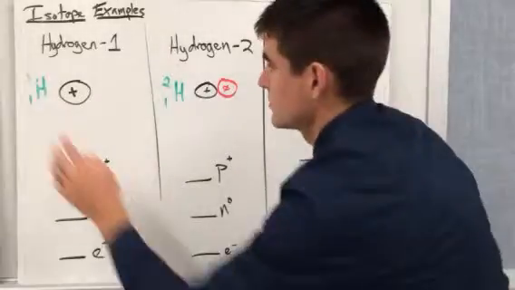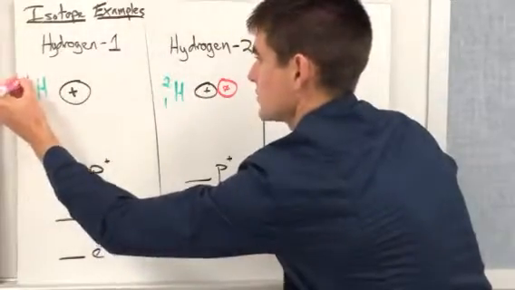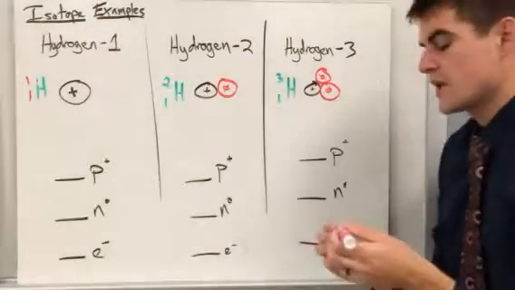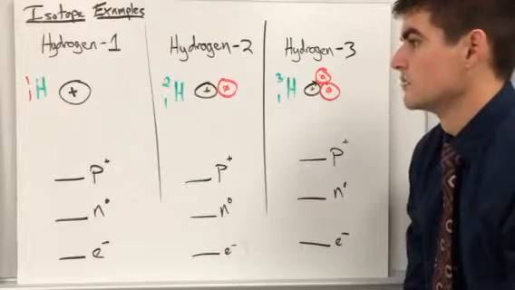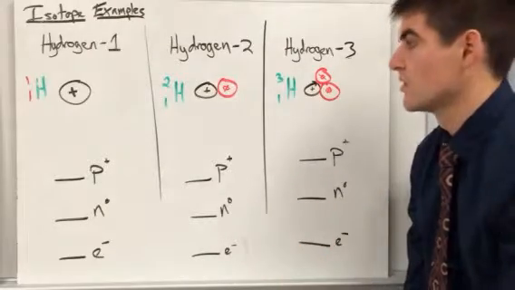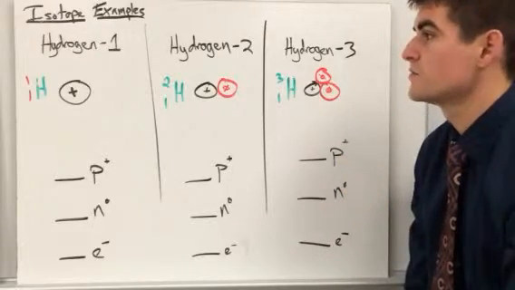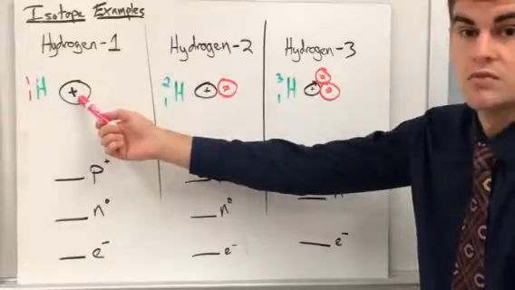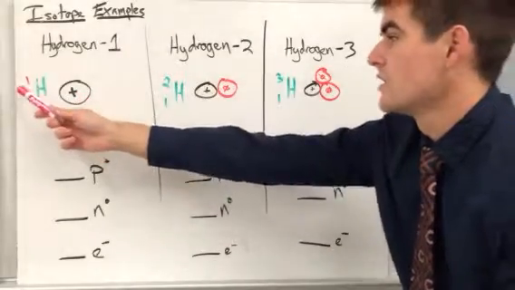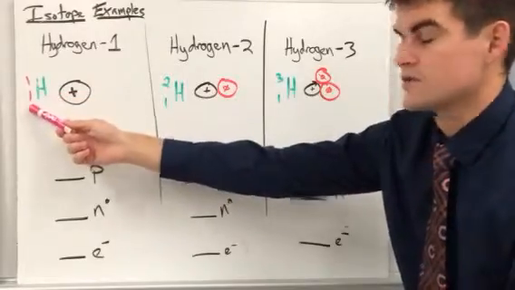Some examples, and my marker kind of wore off here, but this is hydrogen 1. So looking at the 3 isotopes of hydrogen, and again, all atoms are isotopes. Hydrogen has 3 different isotopes. In this case, hydrogen 1, where you just have the 1 proton in the nucleus, in nuclear notation, mass number 1, well, its protons are 1.